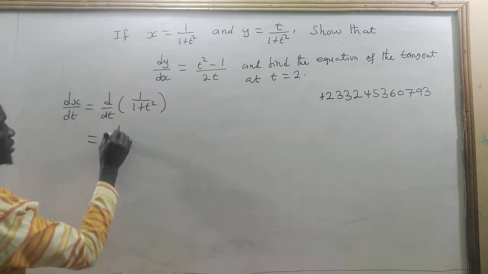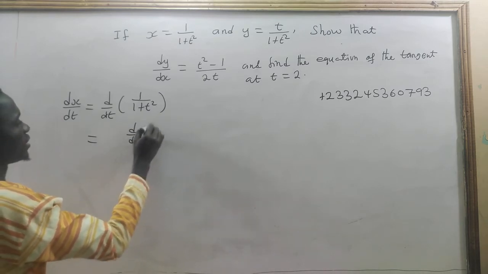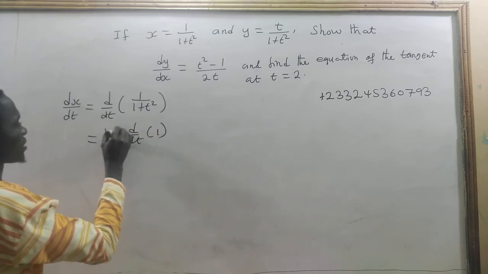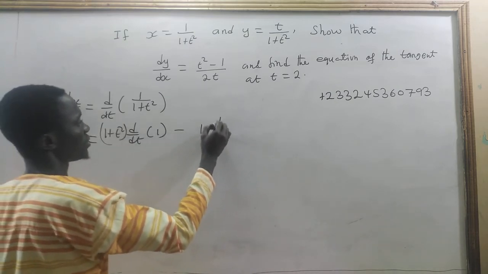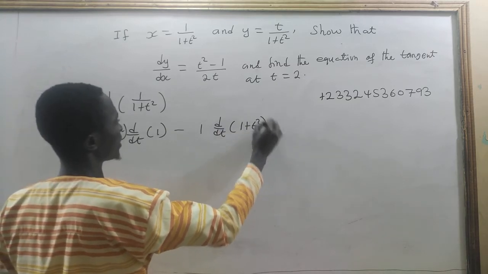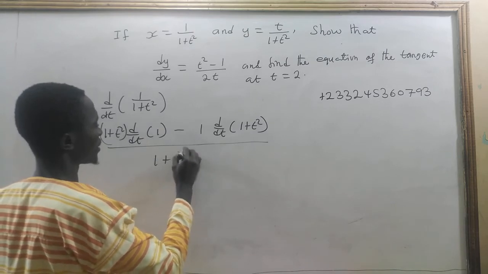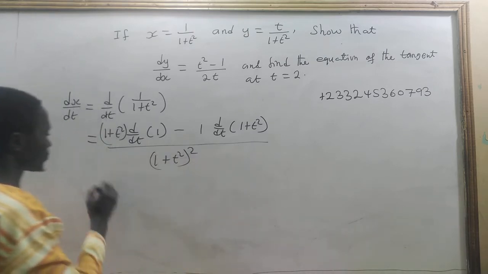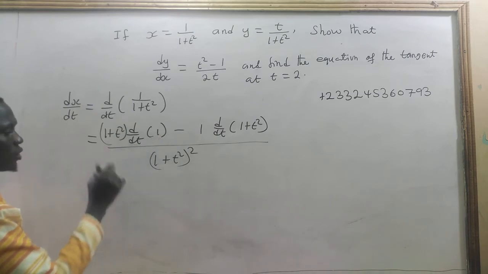This is the same as d/dt of 1 times 1 plus t squared, minus 1 times d/dt of 1 plus t squared, all divided by 1 plus t squared all squared. If you differentiate a constant, it is 0, so that term will be 0.